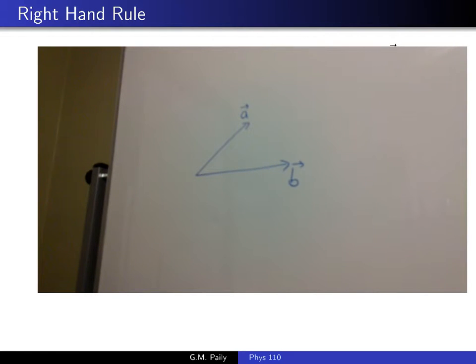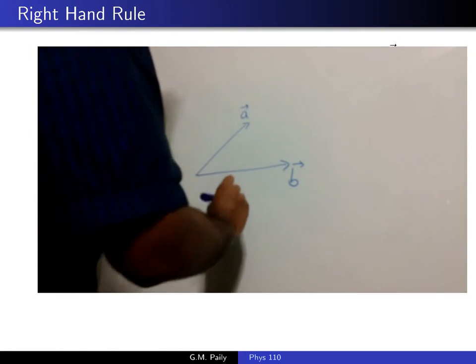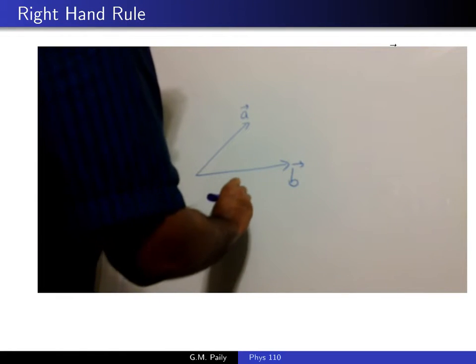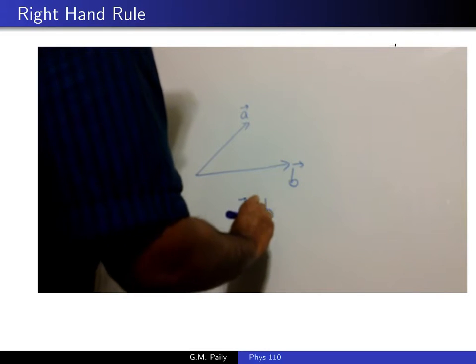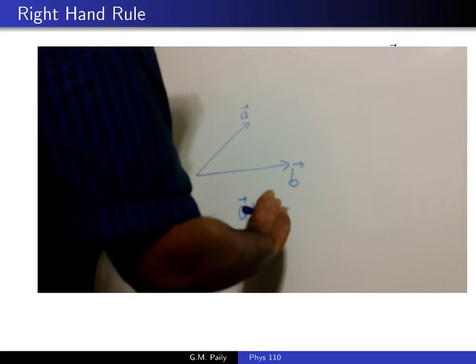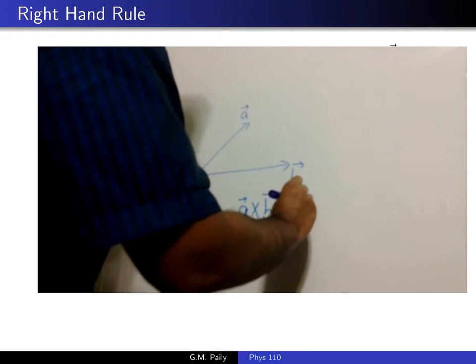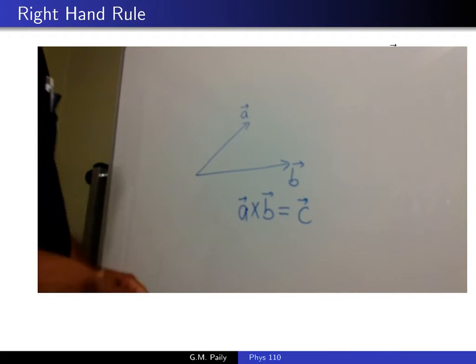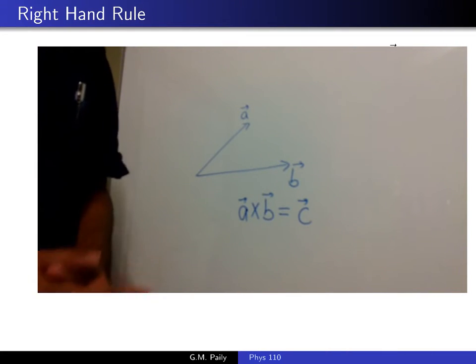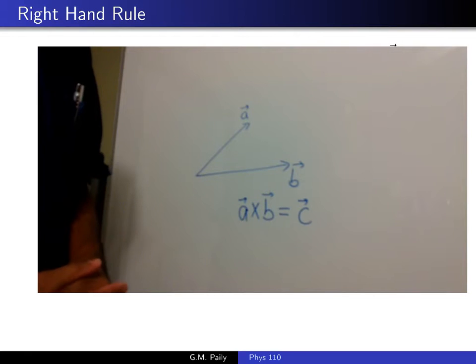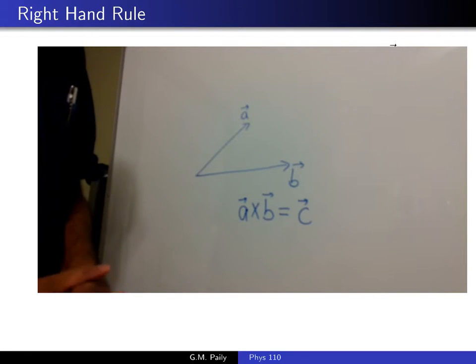Let us denote the cross product of A and B by the vector C. Remember, with the cross product, the order in which you multiply the vectors matters.